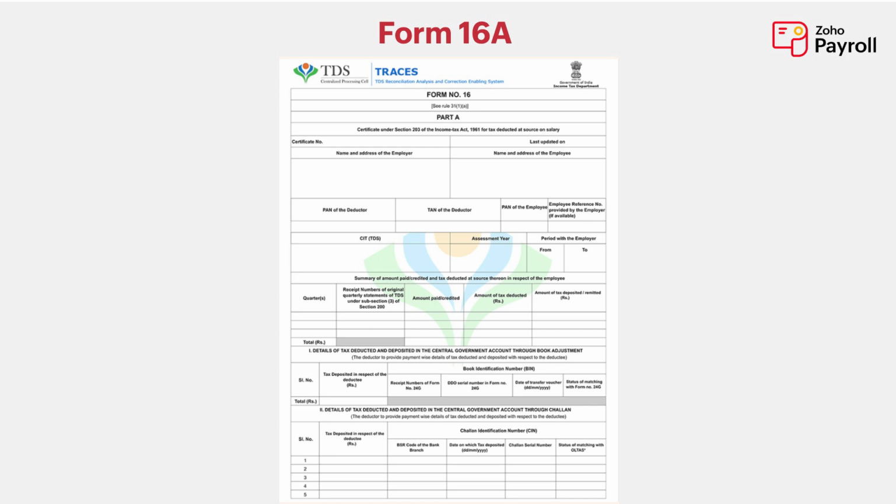You can see that this is a sample of Form 16's Part A, wherein you can see that the name of the employer as well as the name and address of the employee is also available. And you can also see the details of the tax deducted and deposited to the government.